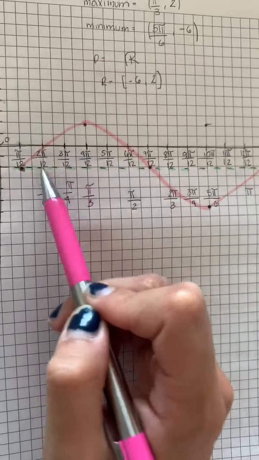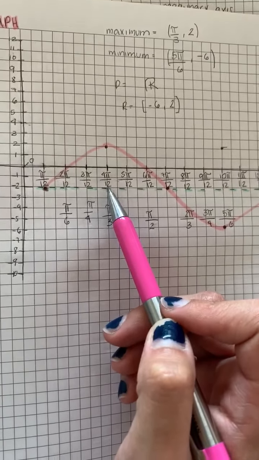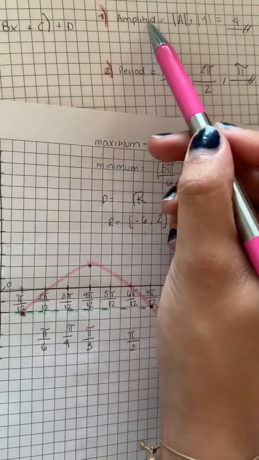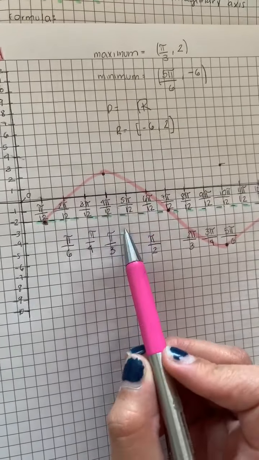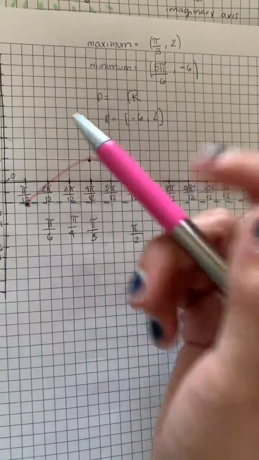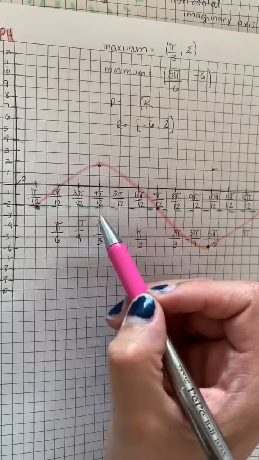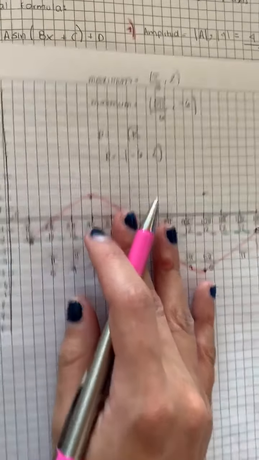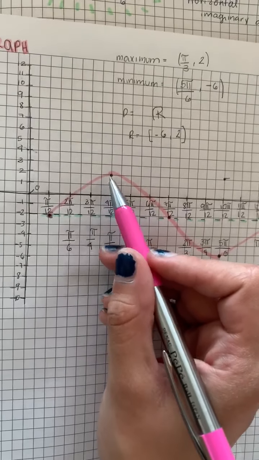Here you have a measure of 1 pi fourths. Then your absolute value, which is the amplitude, is going to tell you how much up or down is going your graph. Okay. So here it's going to go 4 points up. So it's going to be 1, 2, 3, 4.